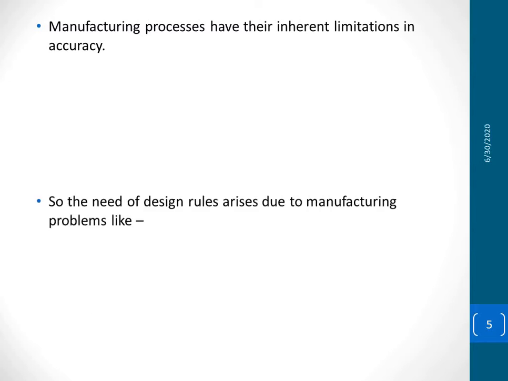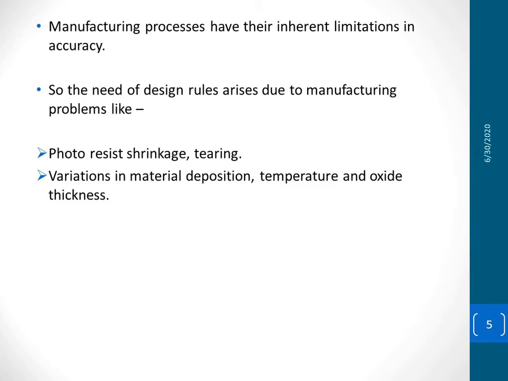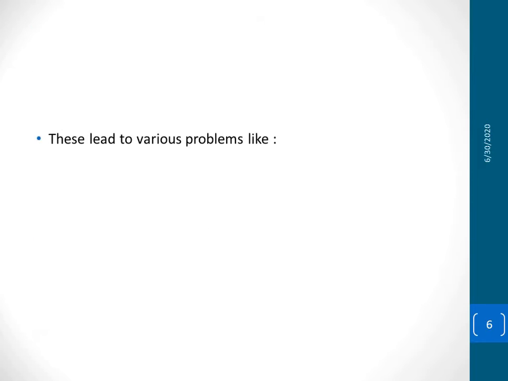Manufacturing processes have their inherent limitations in accuracy, so the need for design rules arises due to manufacturing problems like photoresist shrinkage, tearing, variations in material deposition, temperature and oxide thickness, impurities, and variations across a wafer.